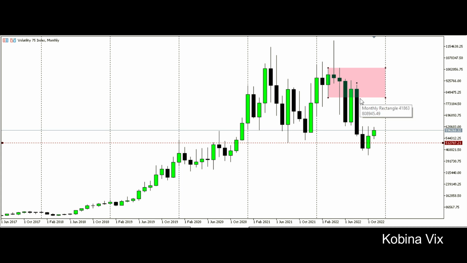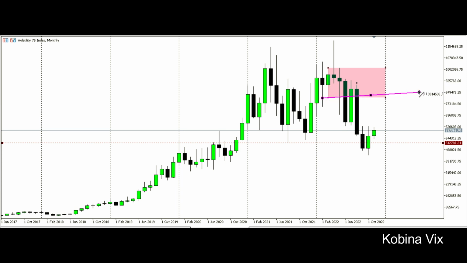Now at which point can we say that okay, it's a bearish order block, so we can make an entry? There are various points in an order block where you can make an entry. The first point is just at the tip of this candle, which is the wick. The wick can be a point of entry.